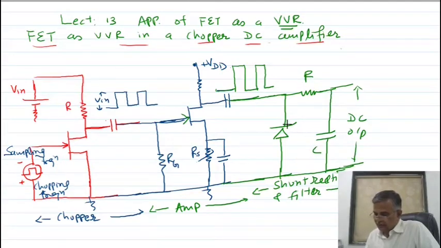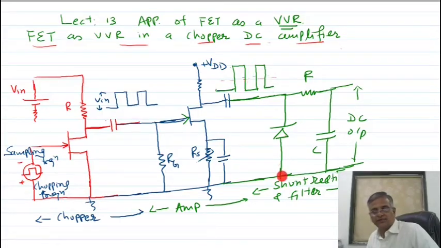The negative part of this AC signal will be bypassed through this, you will get positive voltage here, and by the capacitor filter you will get your DC output voltage.